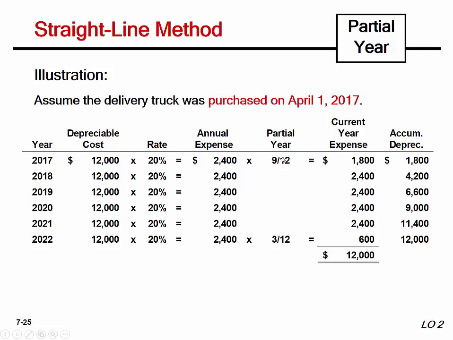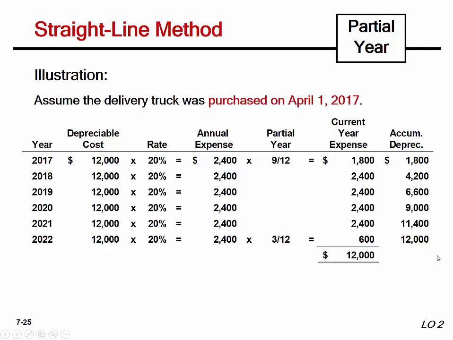So 2,400 times 0.75 equals 1,800 instead of the full 2,400.